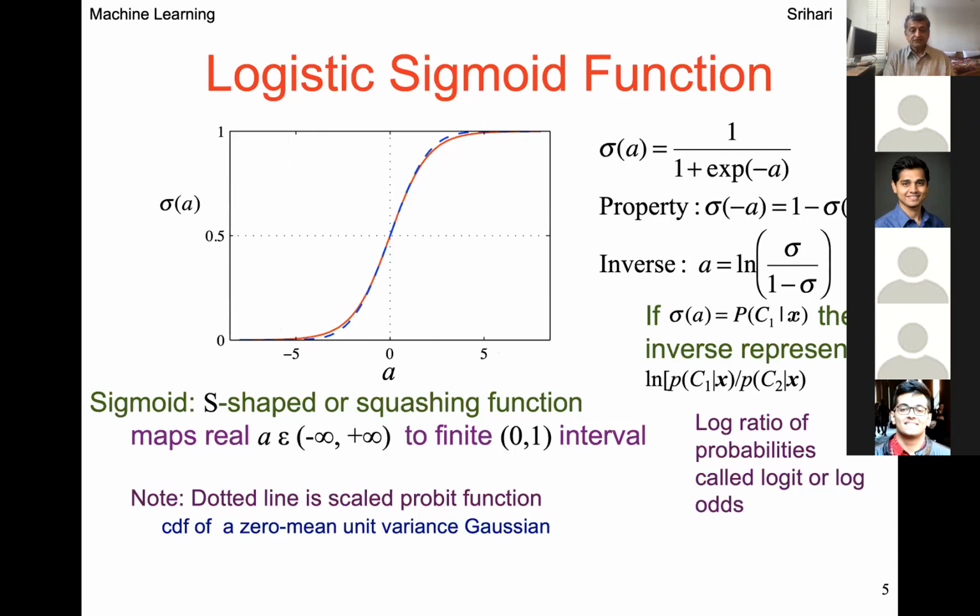The dotted line is a scaled probit function. There's another function called a probit function, which is the dotted blue line. It is nothing but the CDF, the cumulative distribution function, of a zero-mean unit-variance Gaussian. If you remember in probability distributions, you have what are called density functions and distribution functions.